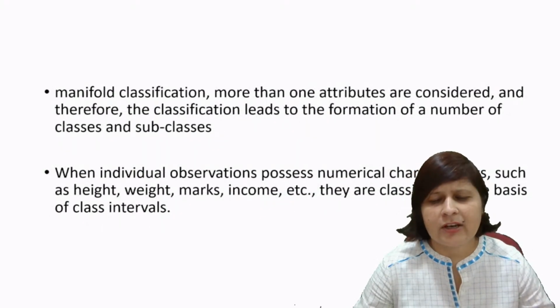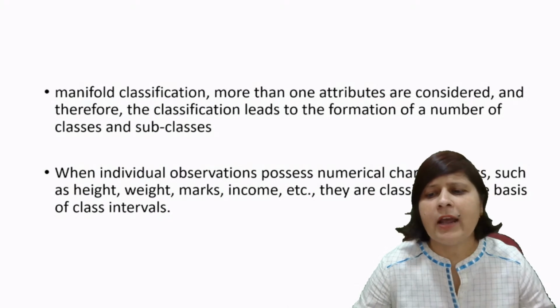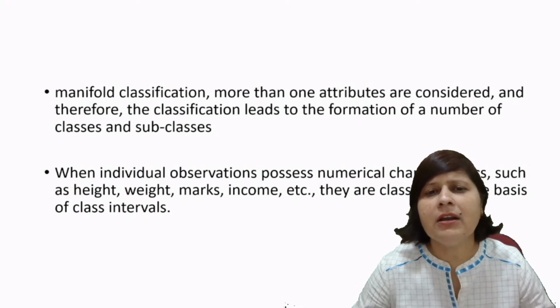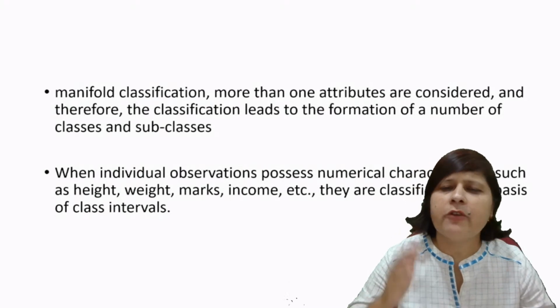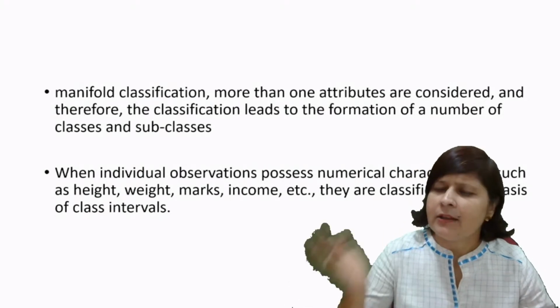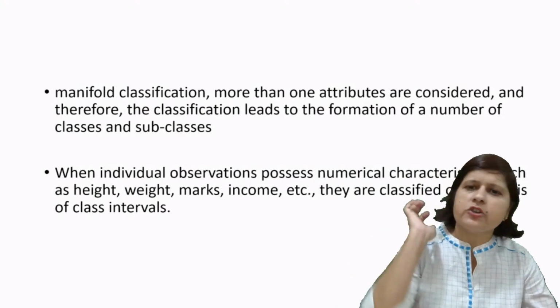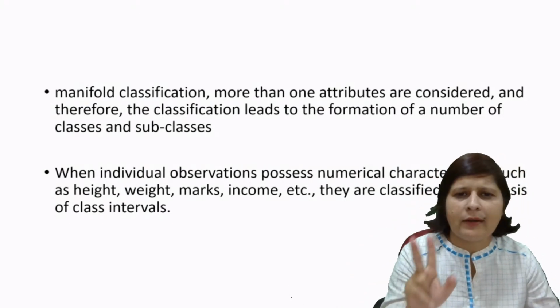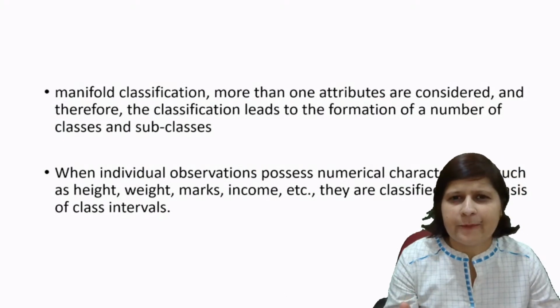Manifold classification is when more than one attribute is considered, and therefore the classification leads to formation of a number of classes and subclasses. The simplest form of classification is dichotomy, that is, on the basis of two, you have to choose one, either this or that, right?